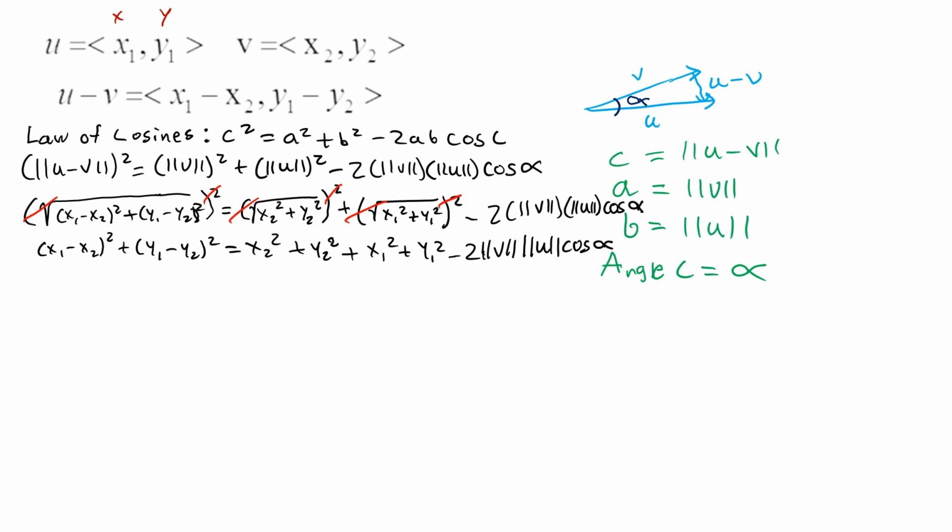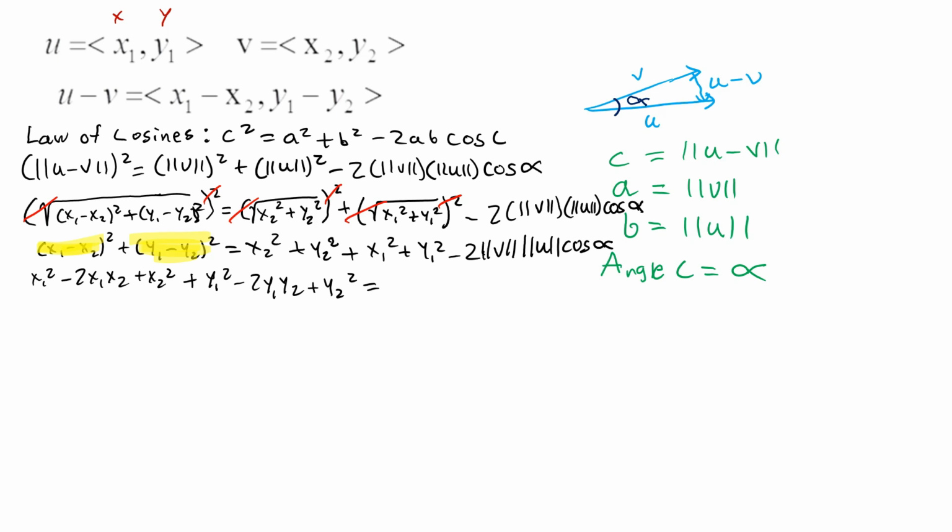Okay, so now let's just expand. Let's just expand these two right here. So then we'll get x1 squared minus 2x1 x2 plus x2 squared, and then same thing here, plus y1 squared minus 2y1 y2 plus y2 squared.